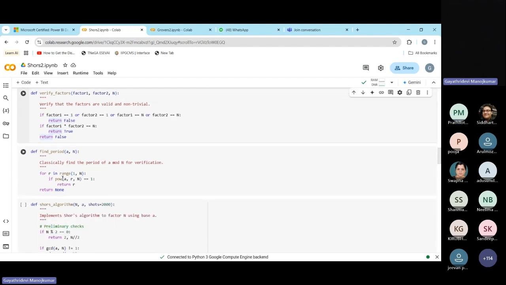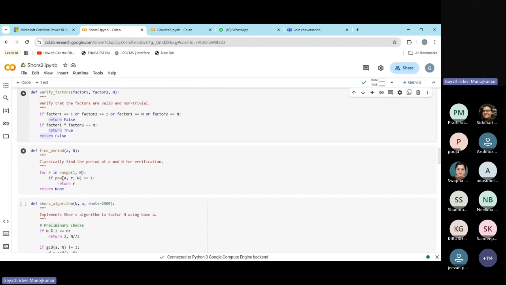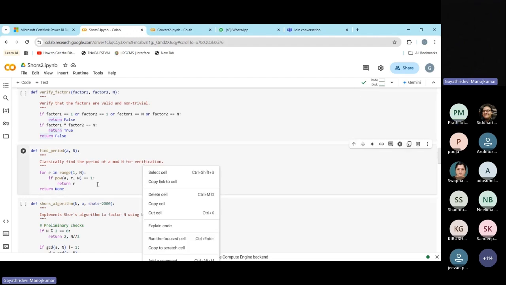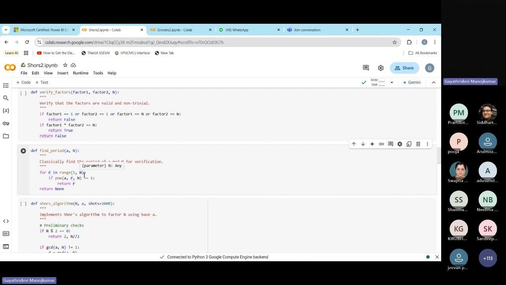The next part is the classical period finding. We are going to find the period of a mod n for verification, as a helper function to find a to the power x mod n. Iteratively, it checks the powers from 1 until a to the power r mod n equals 1. It serves as a fallback if the quantum part of the algorithm does not yield the result.